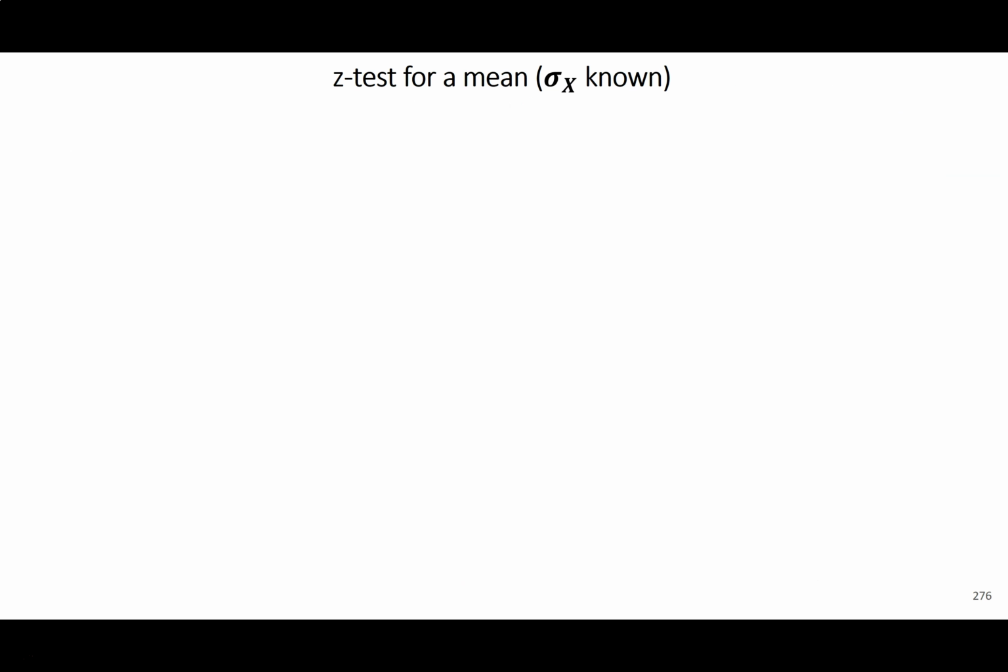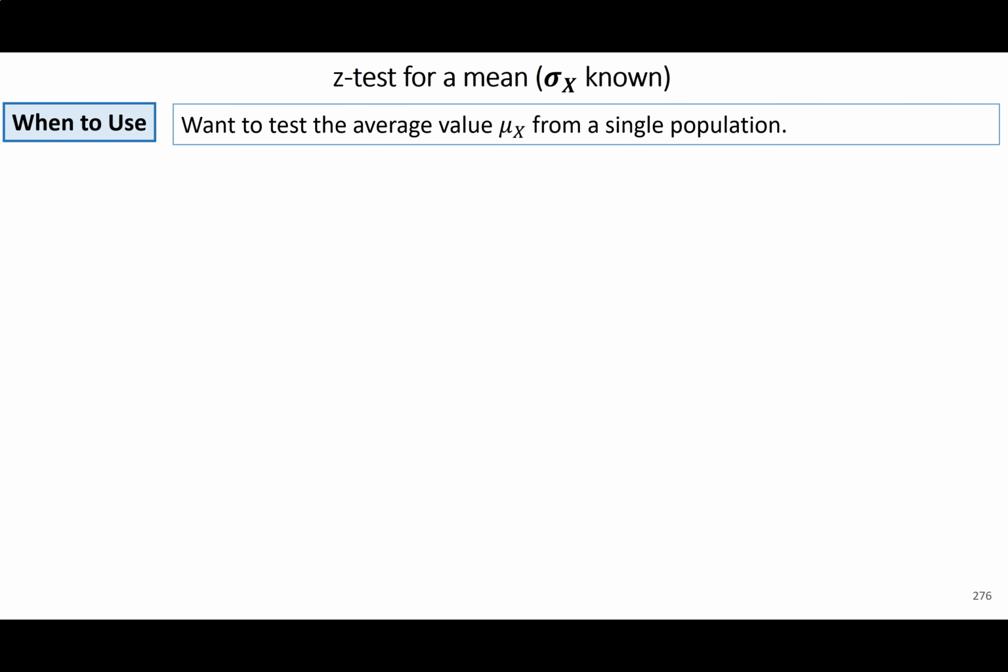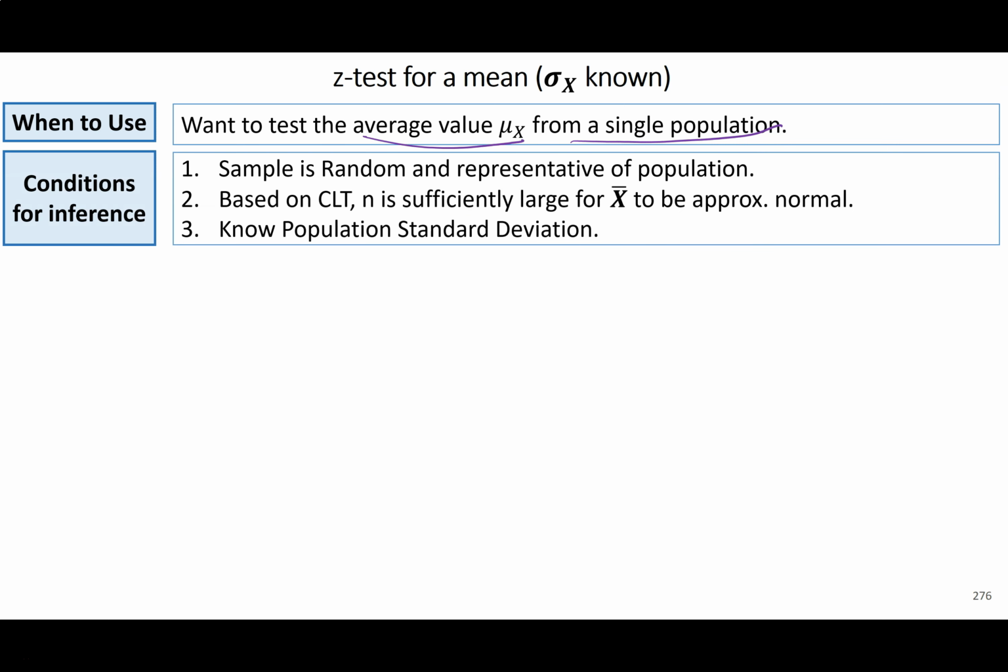So a z-test for a mean, we're going to go through conditions where we're looking at the average value from a single population, and when we can use z procedures. So it's similar to using z procedures for the confidence interval. We want to make sure we have a representative sample. Usually we're going to ask for a random sample. Based on central limit theorem, we know that the sample size is big enough.